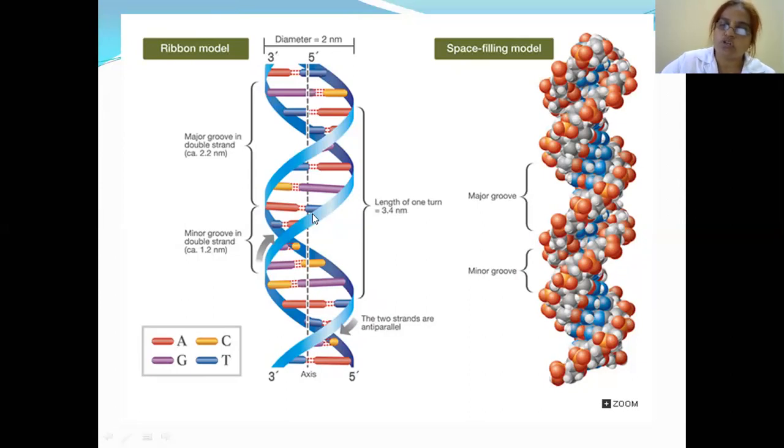These nucleotides consist of phosphate, base, and sugar. Phosphate and sugar are present on the outside of the DNA, hence they are known as the backbone. Now, the purines and pyrimidines are present inside the DNA.